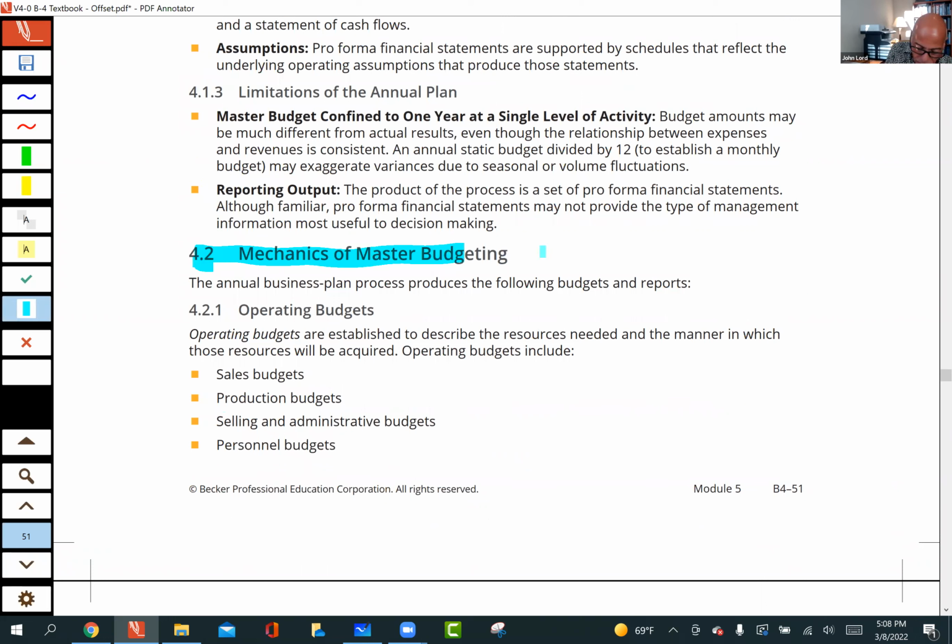So where we're really going to begin our discussion tonight is with the mechanics of the master budget. We always start with the sales budget, and then you have your production budget. You could actually number these. Then you're going to have your selling and administrative budgets, and finally personnel budgets can come out of that as well.